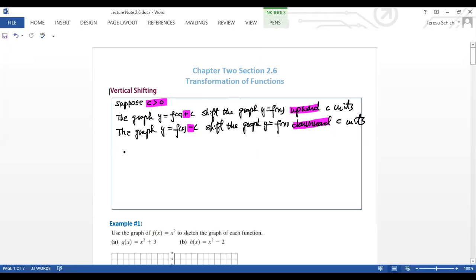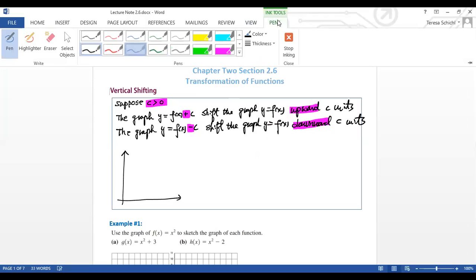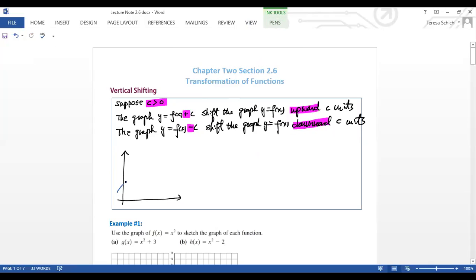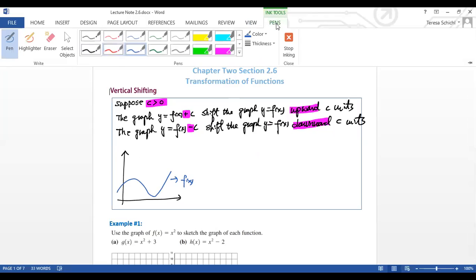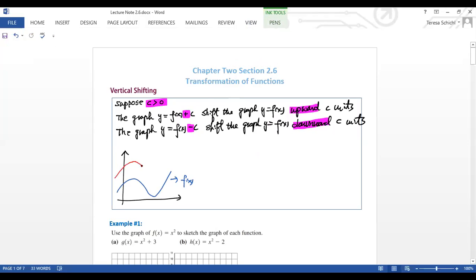Let's take a look here. If this is my function f of x, and then I have a new function f of x plus c, that means your function is going to shift upward.